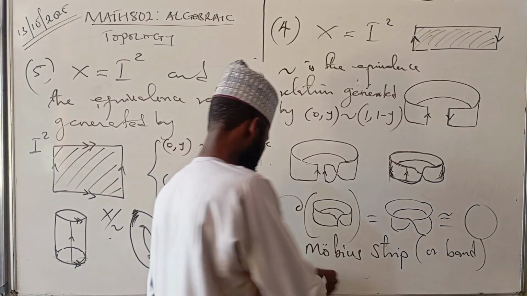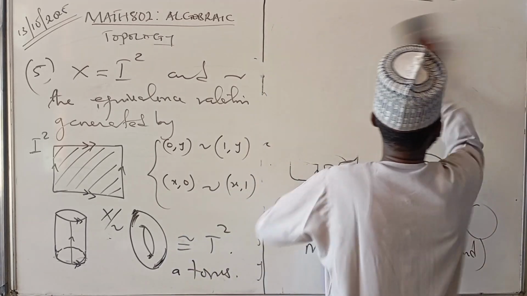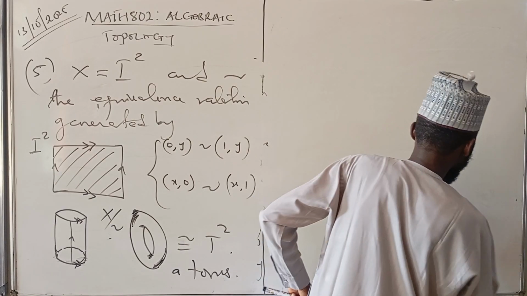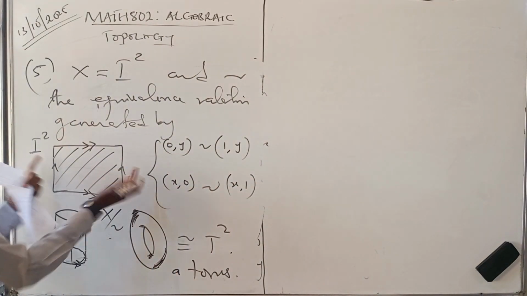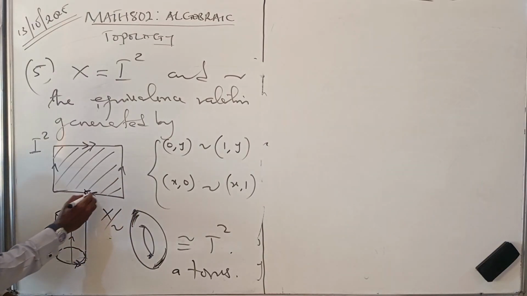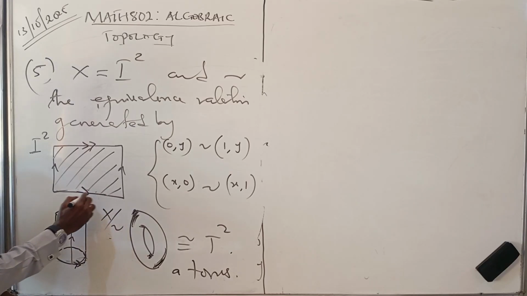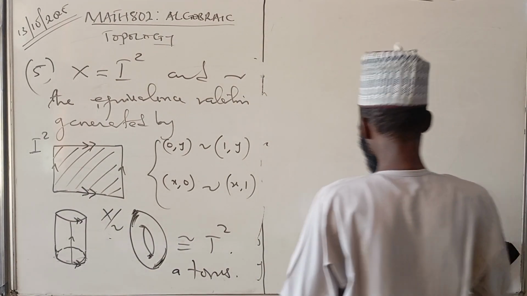We have seen this one already. We have not exhausted all the possible ways, because what if I join it straight, but this one in the opposite direction? You see, it will still give a different space. So we can try that one.